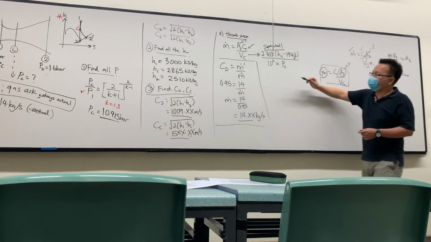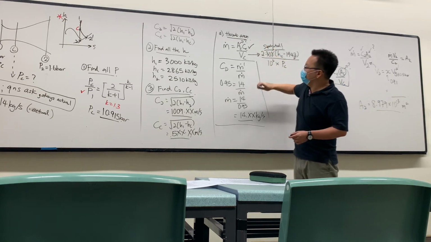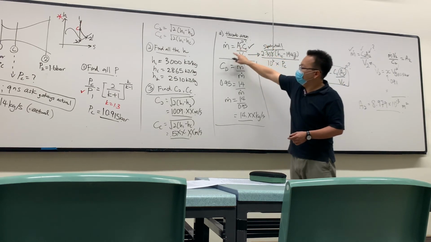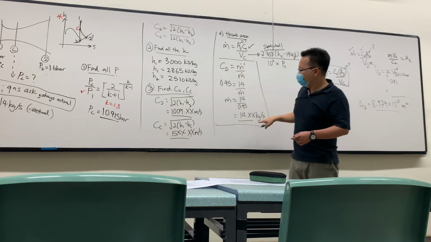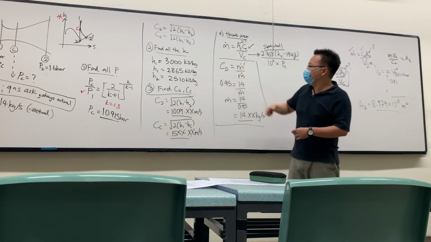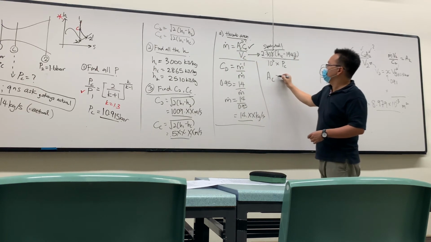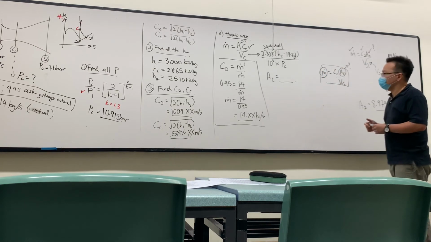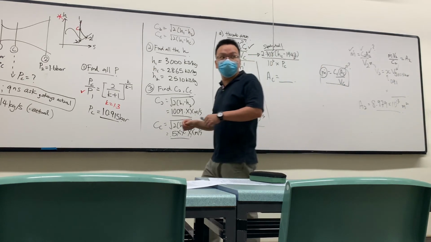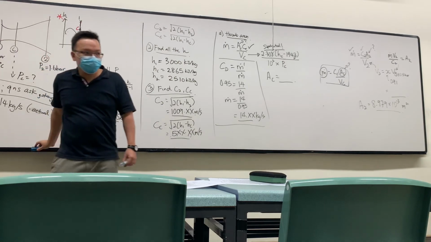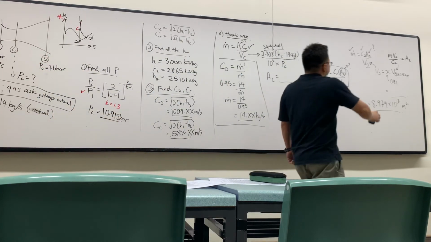Okay, with this you calculate. You got your CC, you got your VC, you got your mass from here. Found already. So you just have to find your A. Okay, you're done.